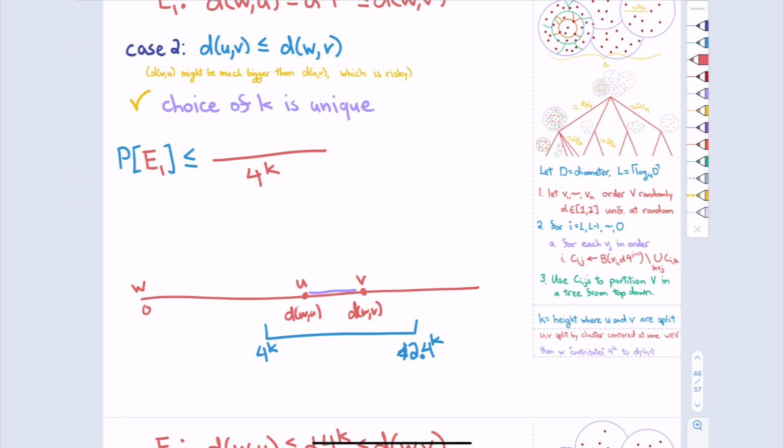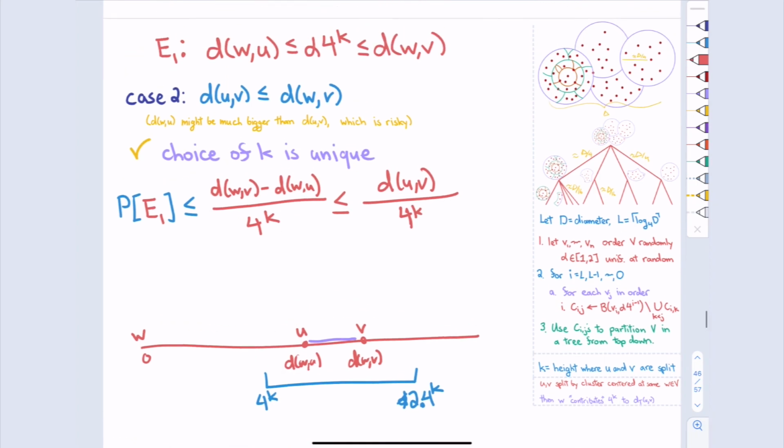If I was just working off of the picture first, it would be d(W,V) minus d(W,U). And how do I clean this up? Triangle inequality, which, as just suggested, will give us d(U,V) over 4 to the k.